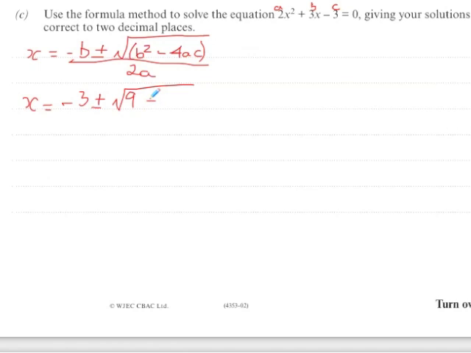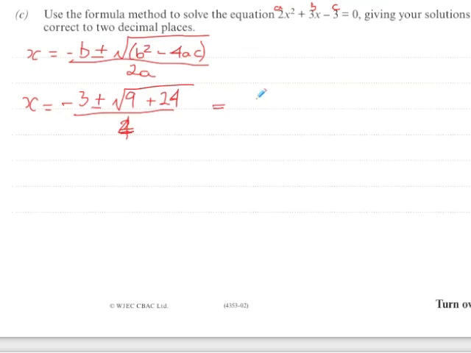So a minus and a minus gives us a plus, all over 2 times 2 is 4.